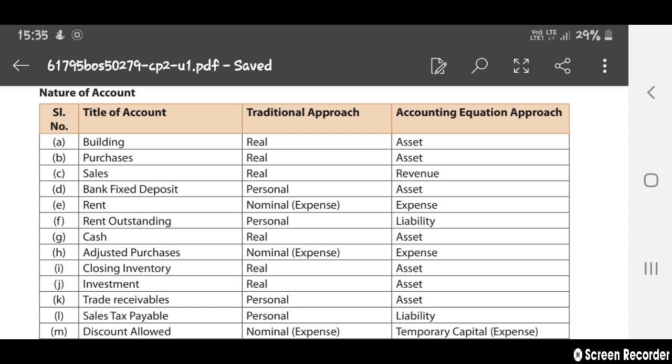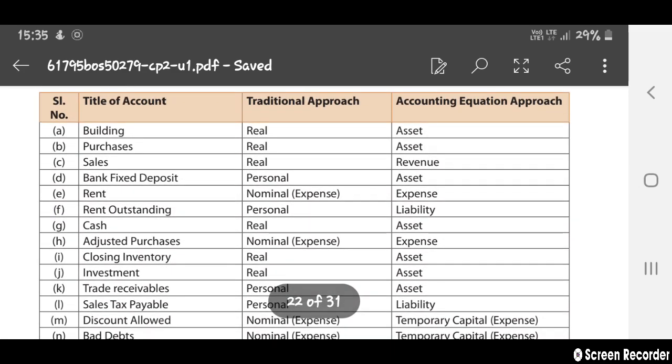And next, closing inventory comes under real in the traditional approach, means real, and it is an asset in the accounting equation approach. Next, investment is real in the traditional approach and asset in the accounting equation approach.